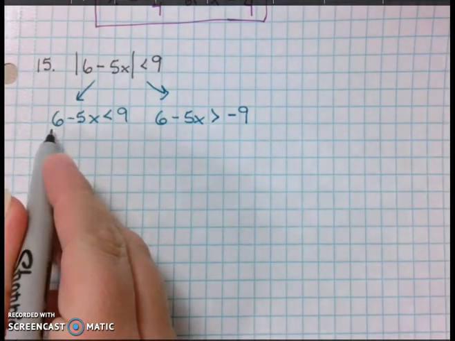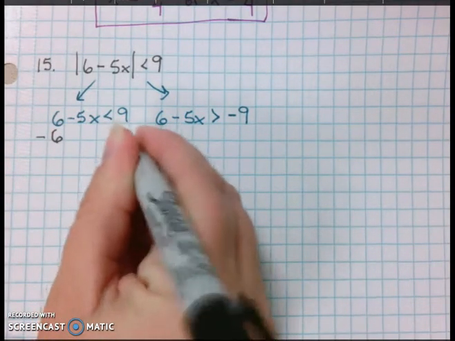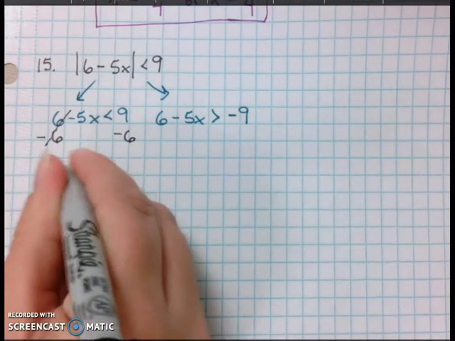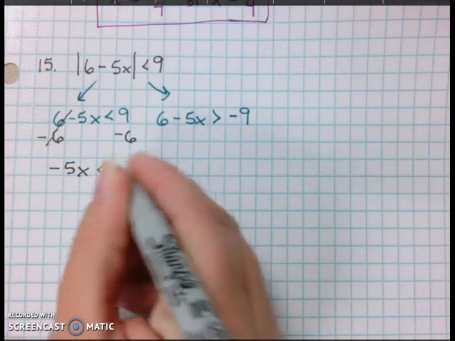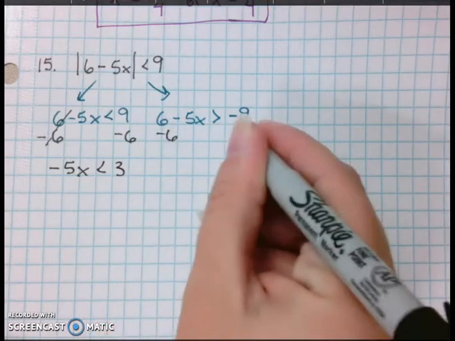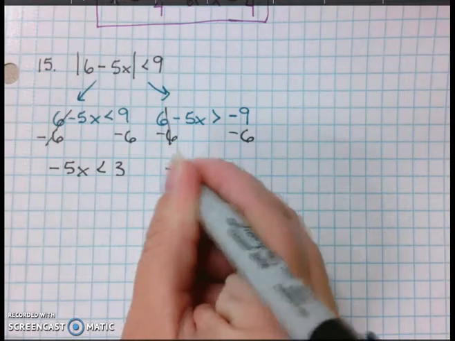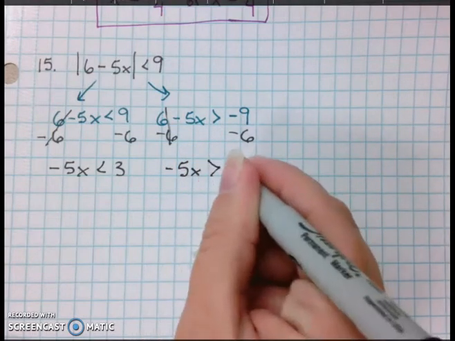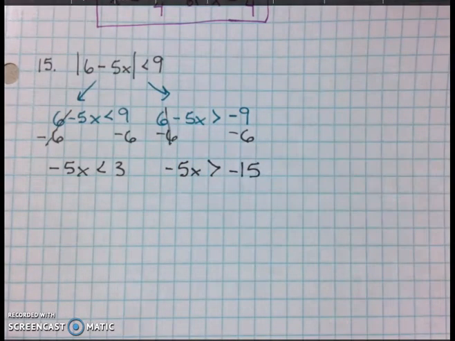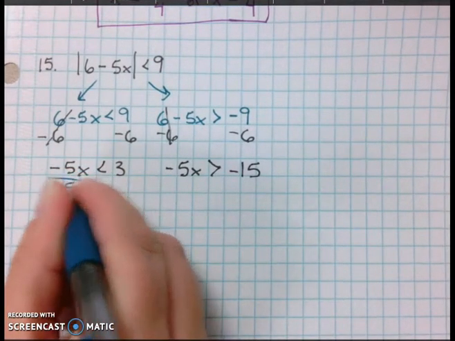So I'm going to get rid of this 6 by subtracting 6 on both sides. And subtract 6 from both sides on the other inequality to get rid of the positive 6. Okay, and then I have to divide by negative 5 on both sides.